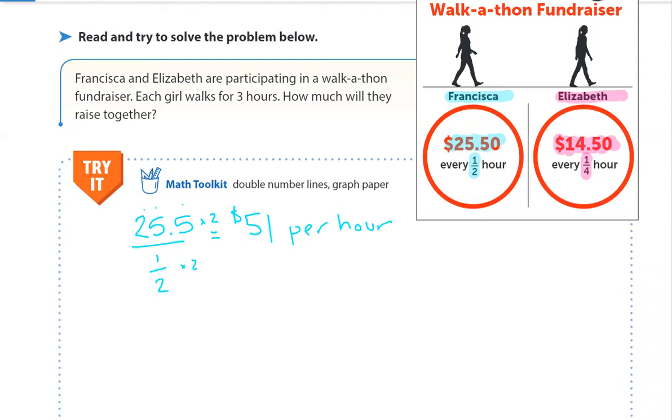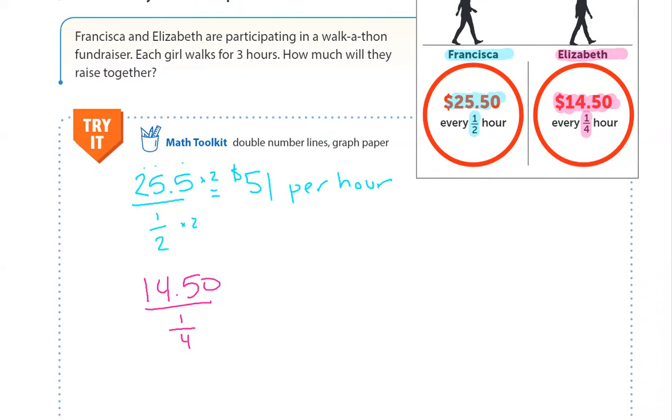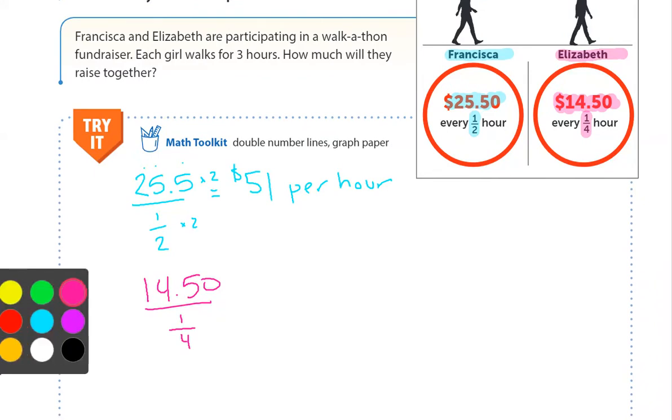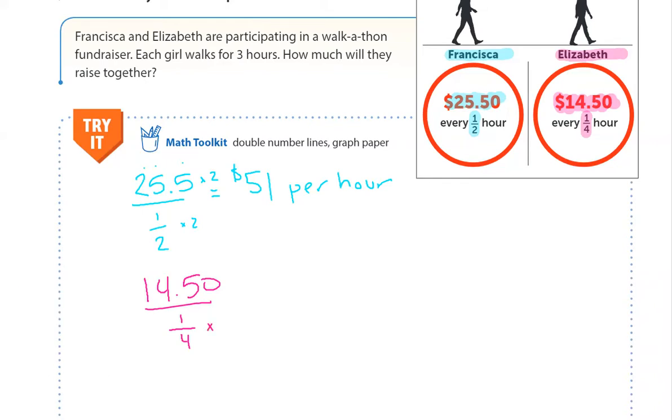Elizabeth is doing $14.50 per quarter hour. And again, you can fully write out 14.5 divided by 1/4. But you know that to get a full hour, you need to multiply 1/4 times 4. 14.50 times 4, I can magically do that in my head.